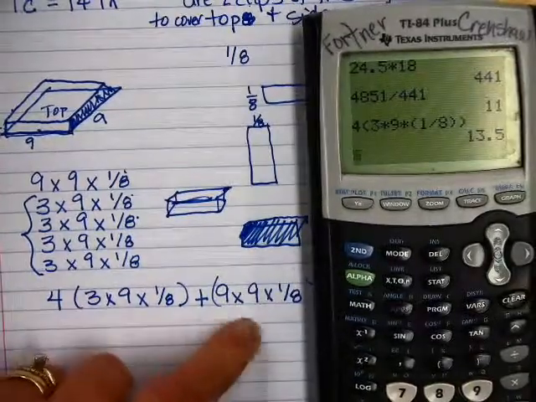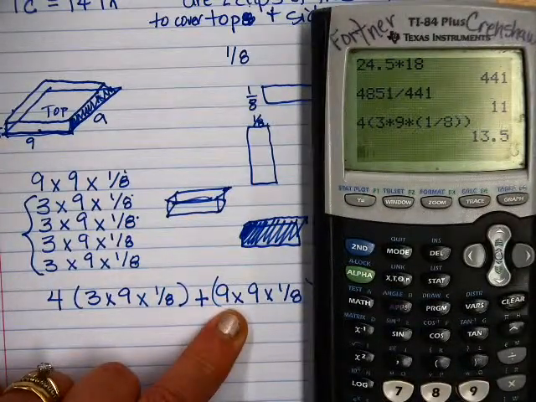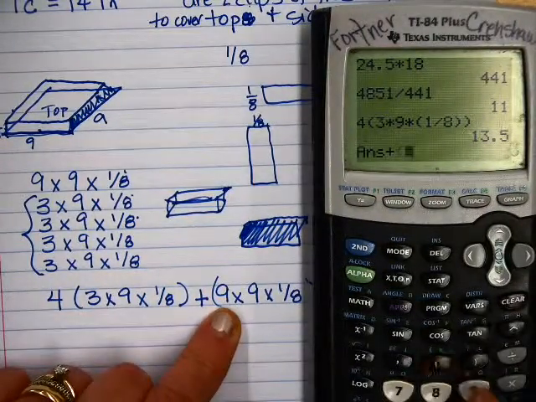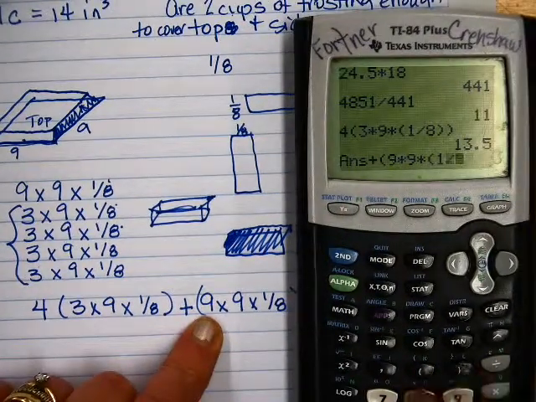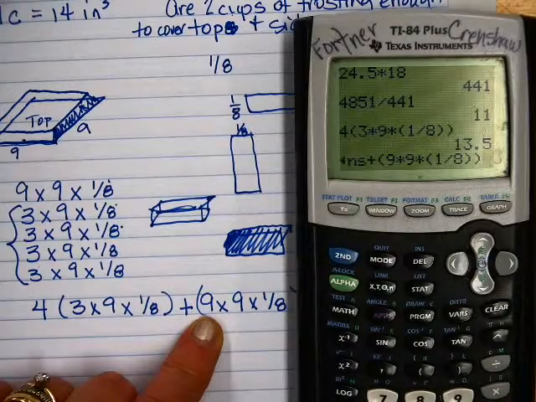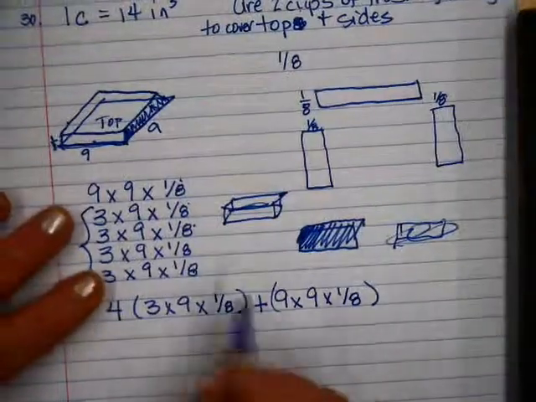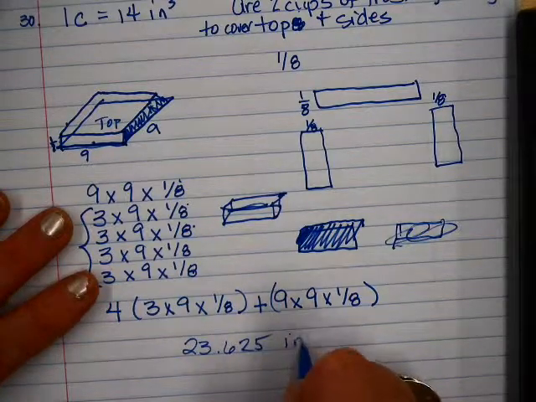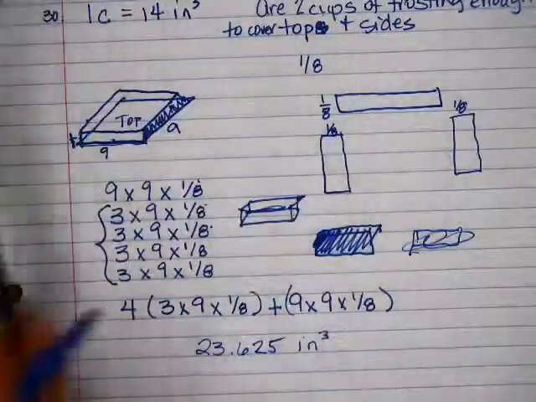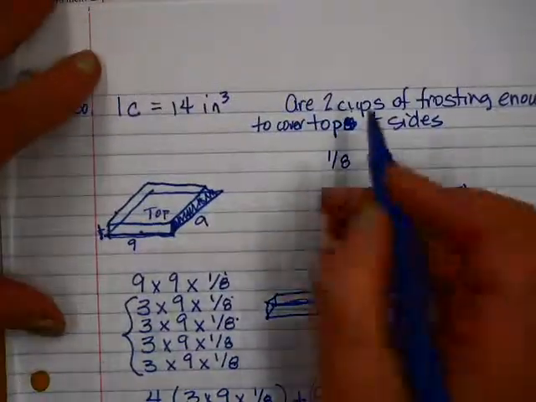That's 13.5, plus the answer of 9 times 9 times, in parentheses, 1/8, and then close that. And I get 23.625 cubic inches.